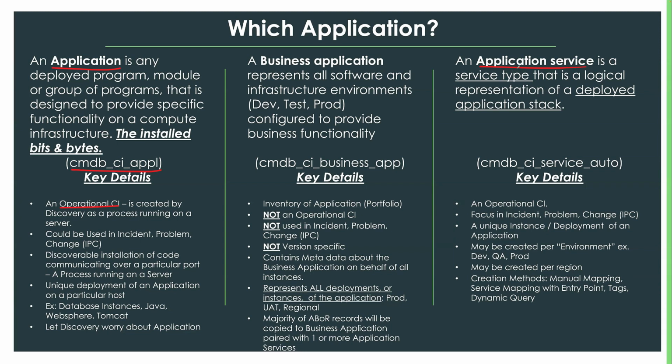But the idea is an application service consists of, guess what? Applications. So one or more applications working together, running on their servers, databases operating, middleware, et cetera, packaged together, if you will, are an application service. An application service is a deployment or an instance of a business application.